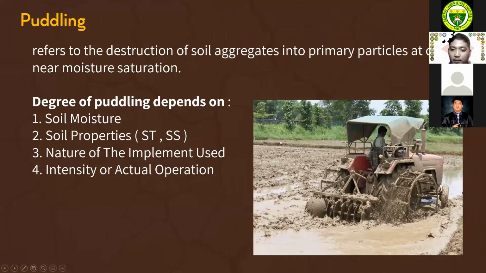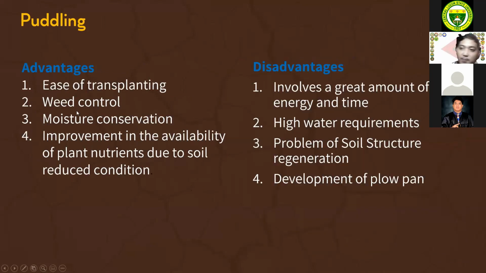What are the advantages and disadvantages of puddling? So advantages is easier transplanting with control, moisture conservation, improvement in the availability of plant nutrients due to soil reduced condition. Then disadvantages involve a great amount of energy and time, high water requirements, problem of soil structure regeneration.